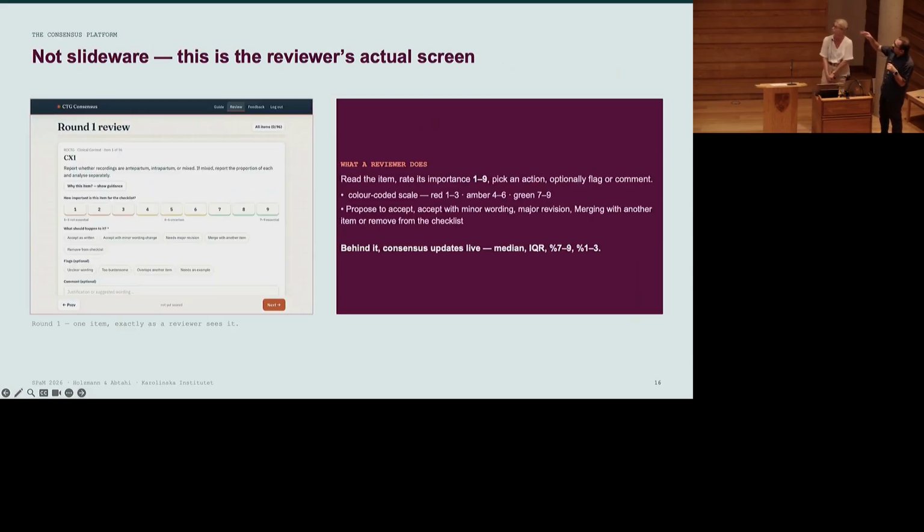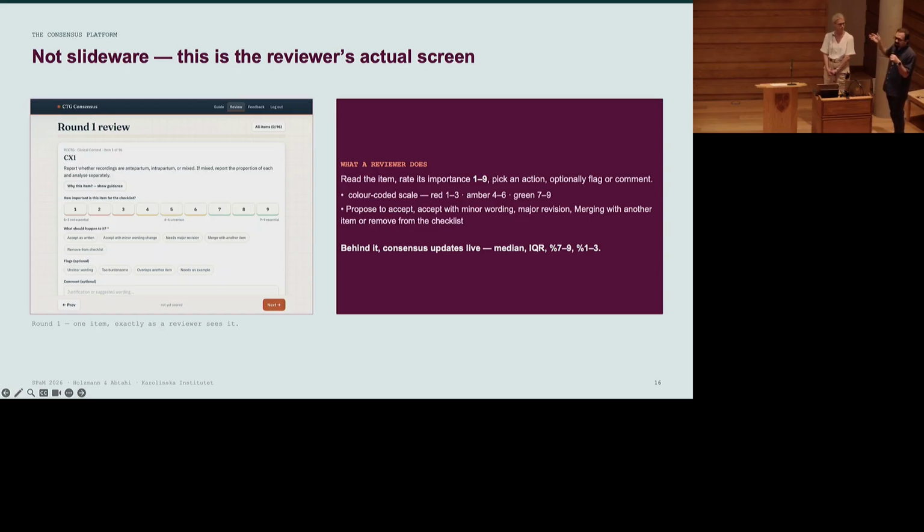So here on the left is the platform, perhaps you can recognize it. You can report the importance of each scale or each item. You can propose to accept it, or accept it with some minor wording changes. You can propose some major revision.